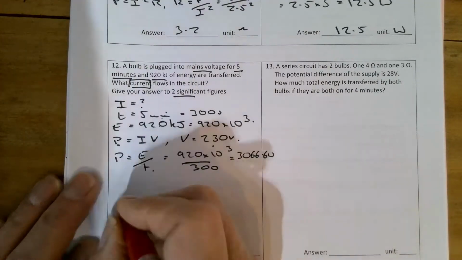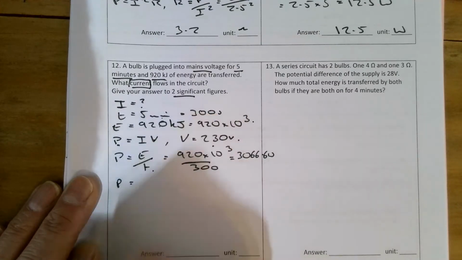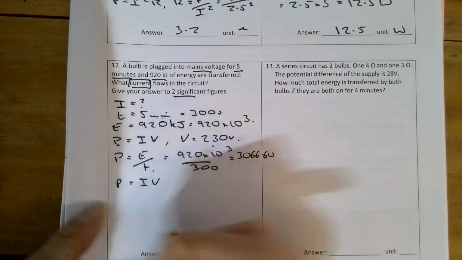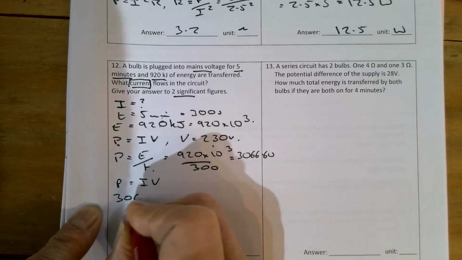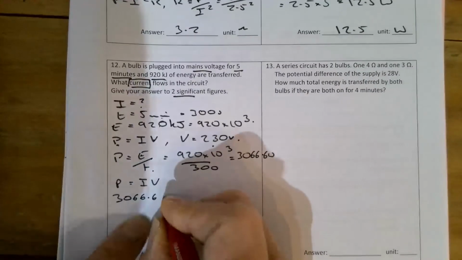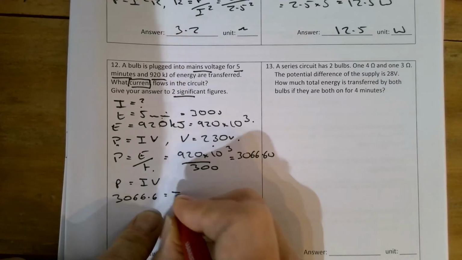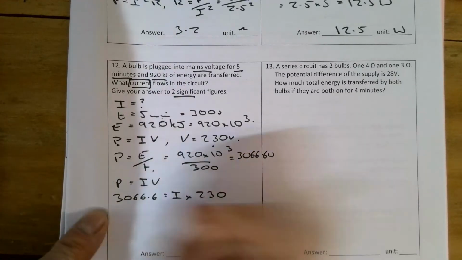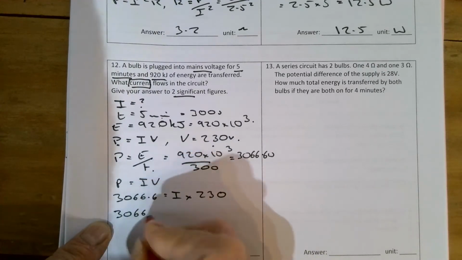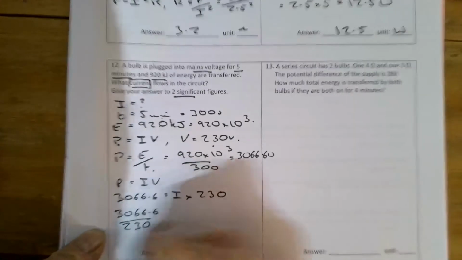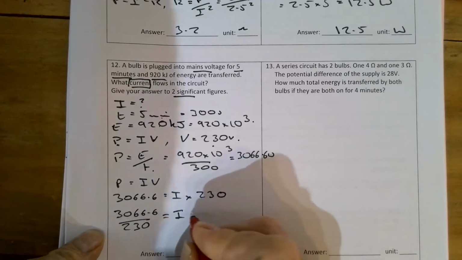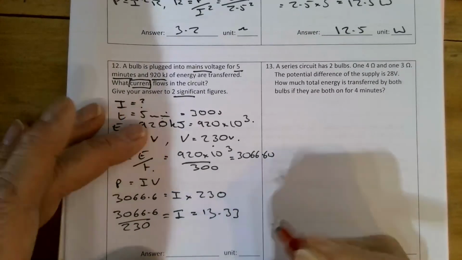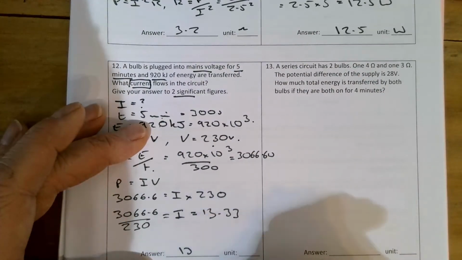So power is equal to IV, so 3066.6 is equal to I times 230. 3066.6 divided by 230 is equal to I, which is equal to 13.33. Two significant figures, so it's 13 amps.